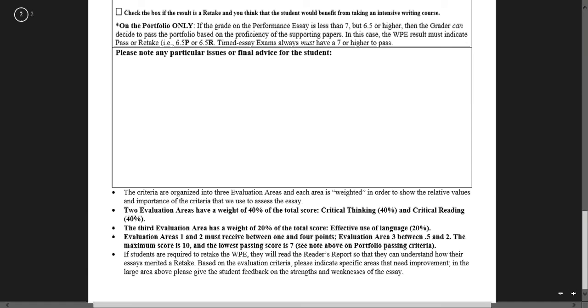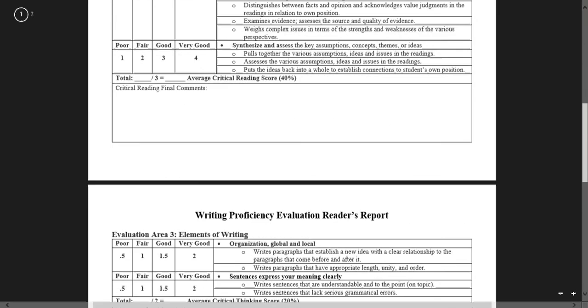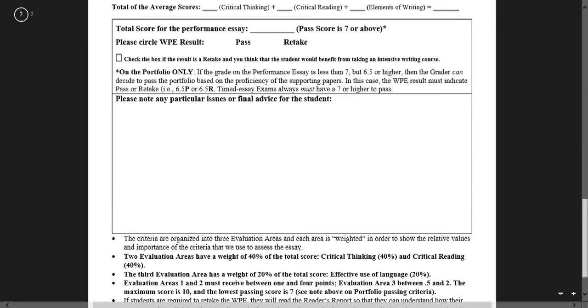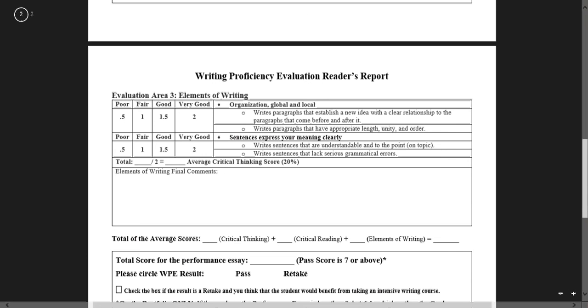Okay? As always, if you have any questions, let me know. These can be rather difficult and seem rather arbitrary sometimes, but I think they do a pretty good job of assessing your writing outside of just can you write sentences and paragraphs, right?